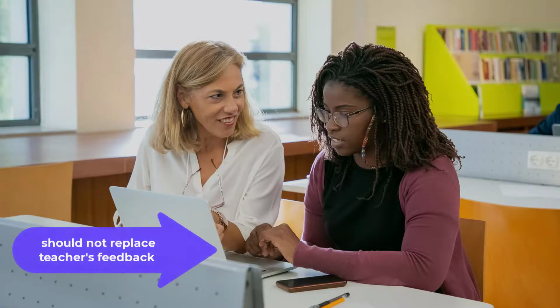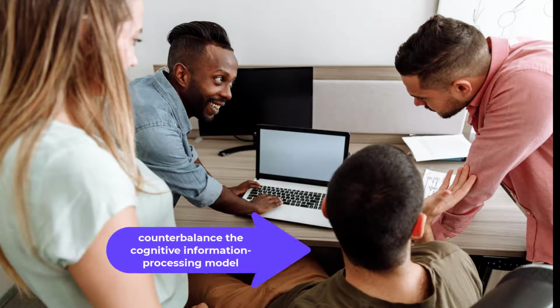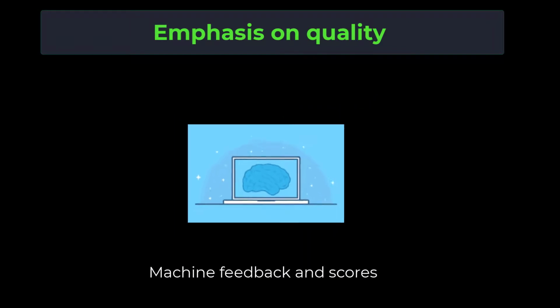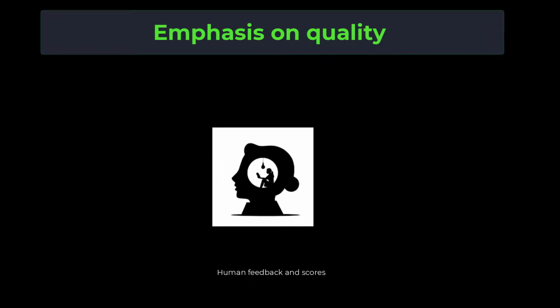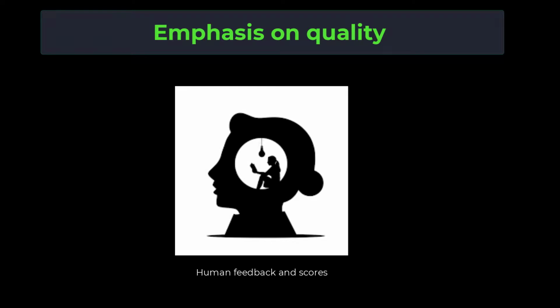AWE should be used as a supplement to or an extension of human feedback from peers or instructors. The activity of peer feedback for revision could help counterbalance the cognitive information processing model favored by the scoring system. The emphasis on the quality of essays rather than machine scores should be communicated to the students at the beginning of the writing course.